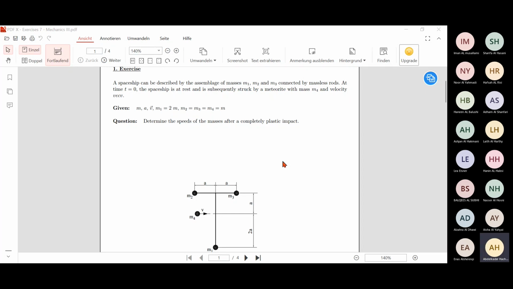7 with the first exercise, where we have here a space shape. The shape can be described by the assemblage of masses.